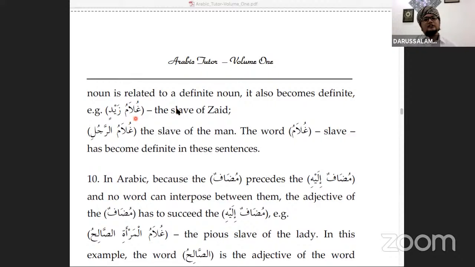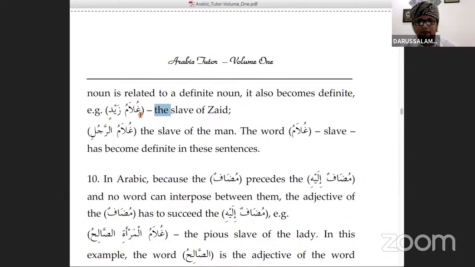So you say the slave of Zaid. You don't say a slave of Zaid. If you say a, it's nakirah, right? You must say the, even though there's no al. Can you see alif lam at the ghulam?